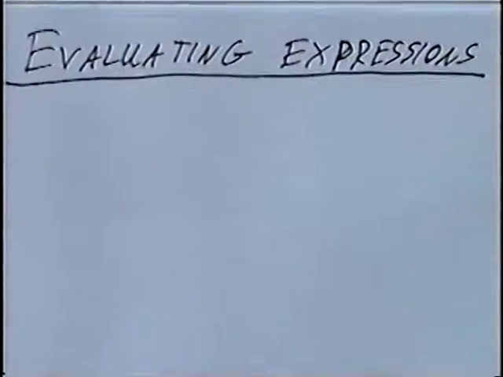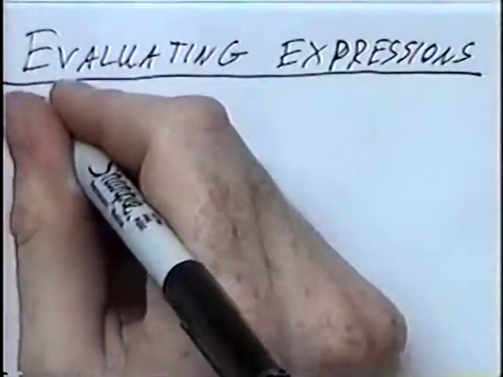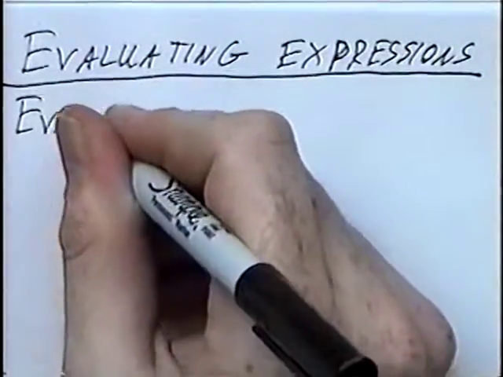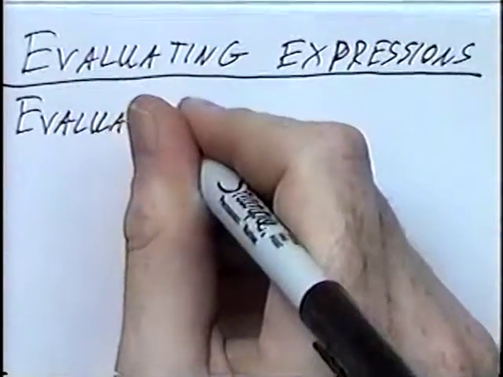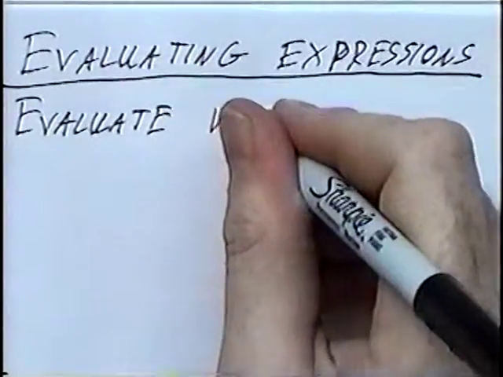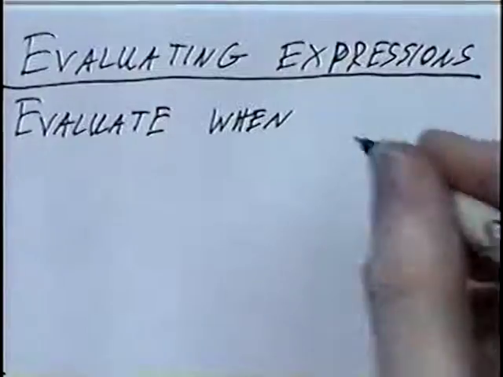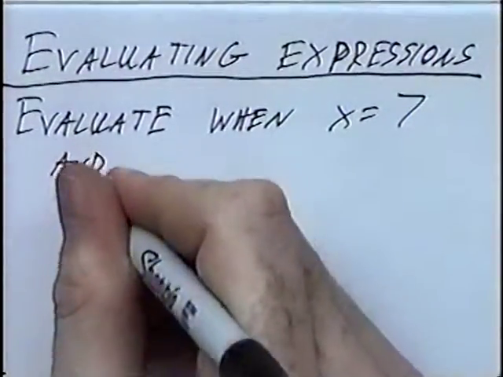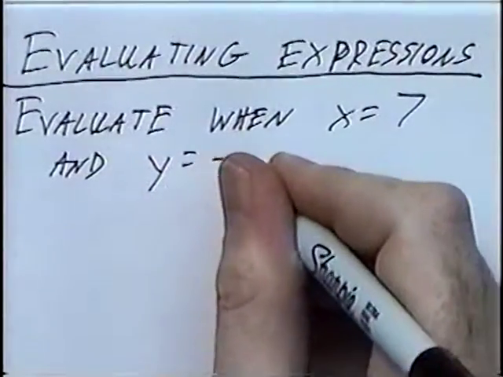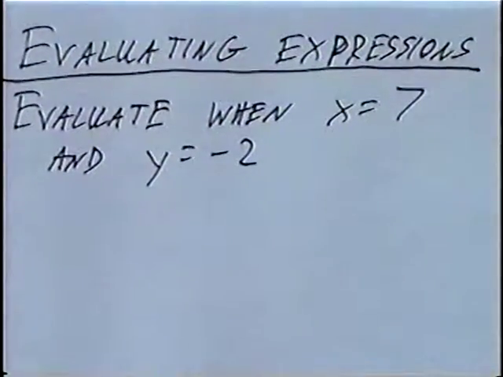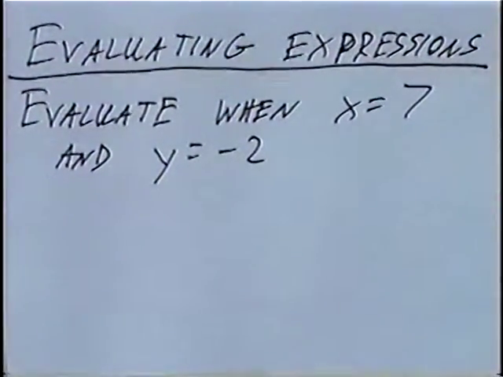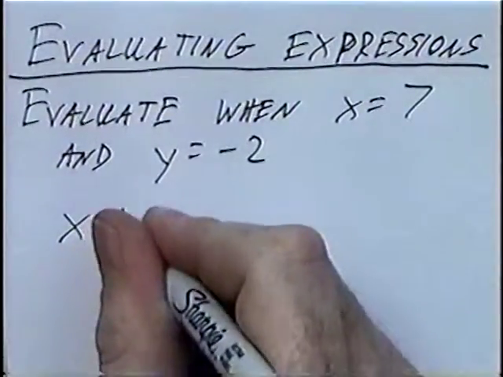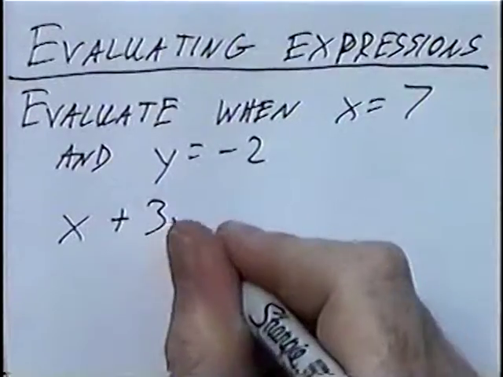The directions for this problem is evaluate when x equals 7 and y equals negative 2. First problem is x plus 3y.